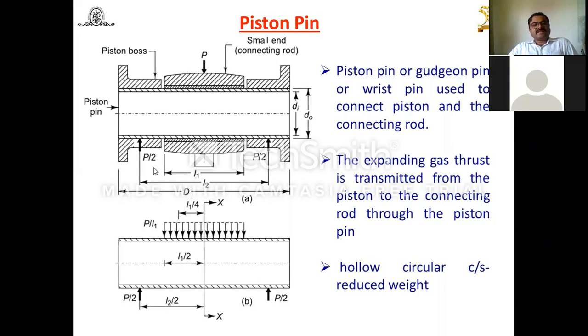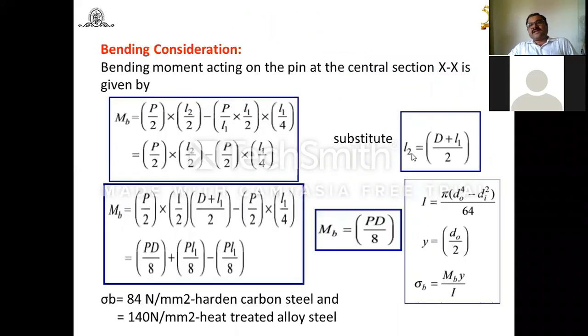Also, you will get this dimension and then add it with L1 by 2. That means by referring to the figure also you can calculate L2. So that is D plus L1 by 2. Again, you can substitute this L2 value here. You will get D1 plus L1 by 2, that is L2, one by two here it is mentioned. Multiplying by this, you will get MB is equal to PD by 8 here.